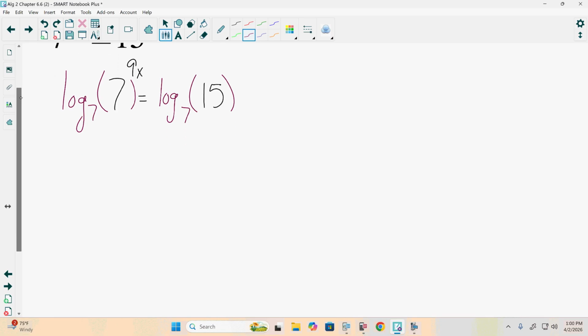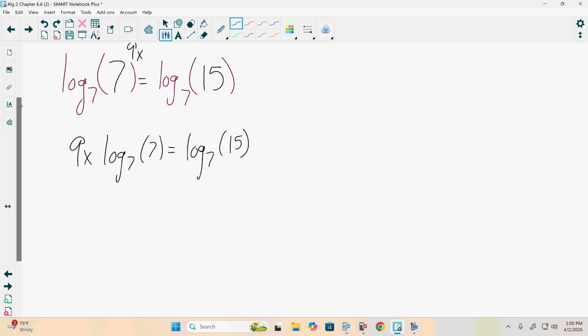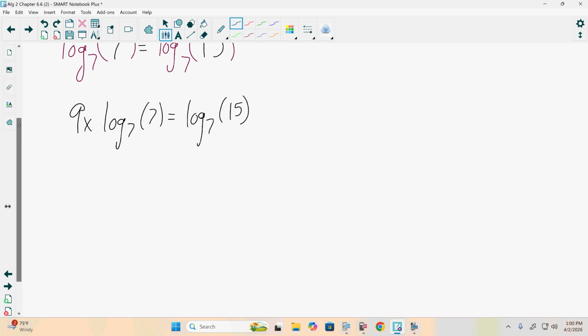Because our log base 7 of 7 to the 9x, as we said, the 9x would move to the front. Which tells us that we have 9x times log base 7 of 7. And again, log base 7 of 7 is just 1. 1 times 9x is 9x.